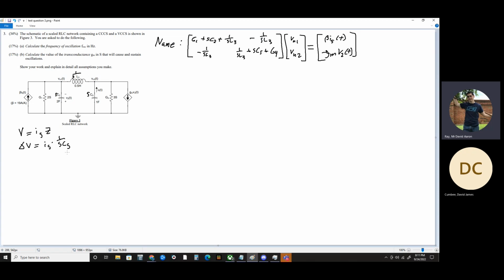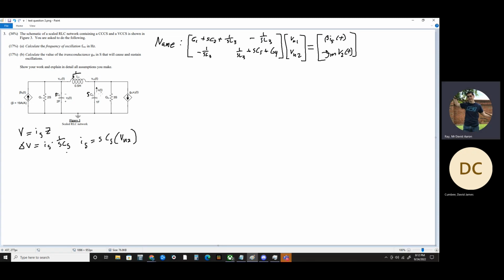Then we just move this over to the left side. That's going to be I5 equals sC5 times the change in voltage. That is going to be Vn2 because the current is flowing into it. Since the current flows into it, it's going to be positive, and it's flowing into Vn2, so it'll be positive.